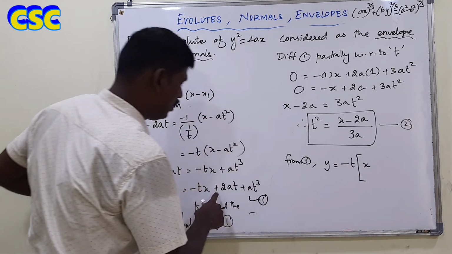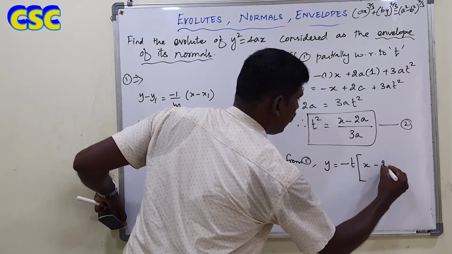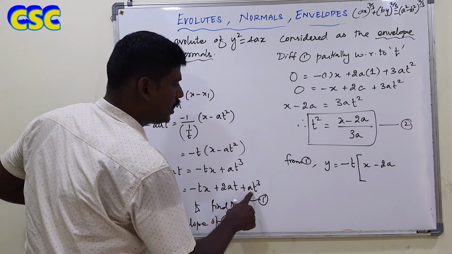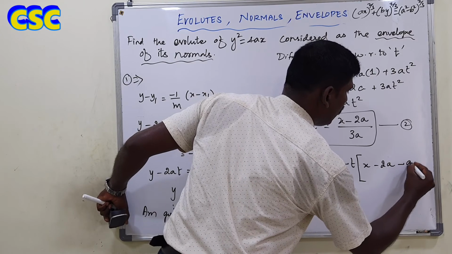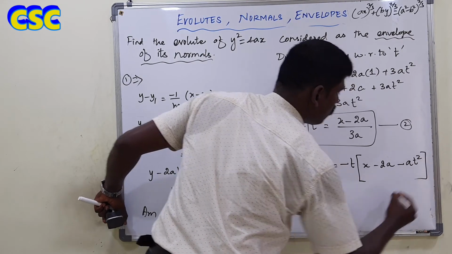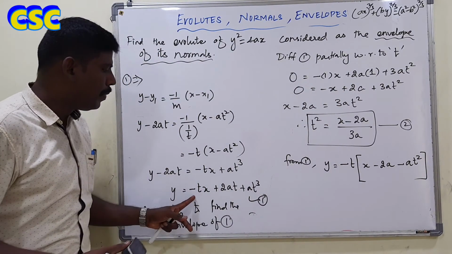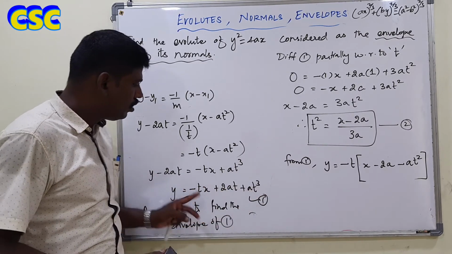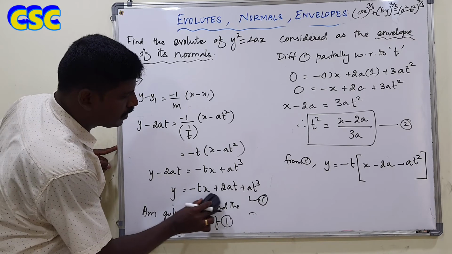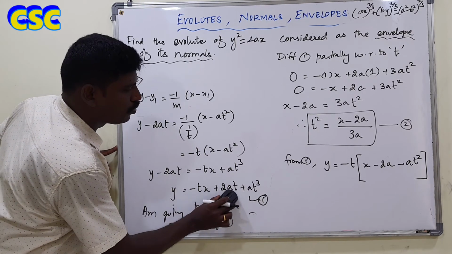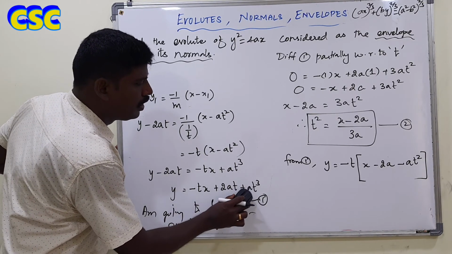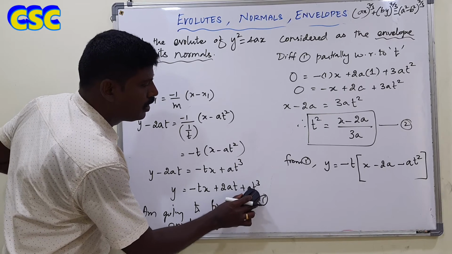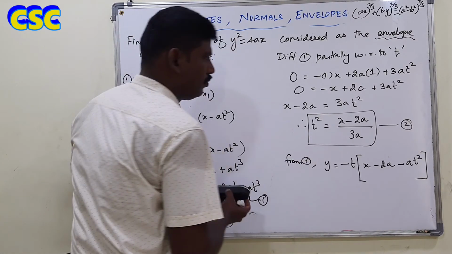So x, this becomes minus 2a, this becomes minus at square, isn't it? I am taking minus t as common from all these three terms. So minus t is taken, so remaining x. Here minus t is taken, so minus 2a remains in the second term. Here it becomes minus at square, isn't it? Right.